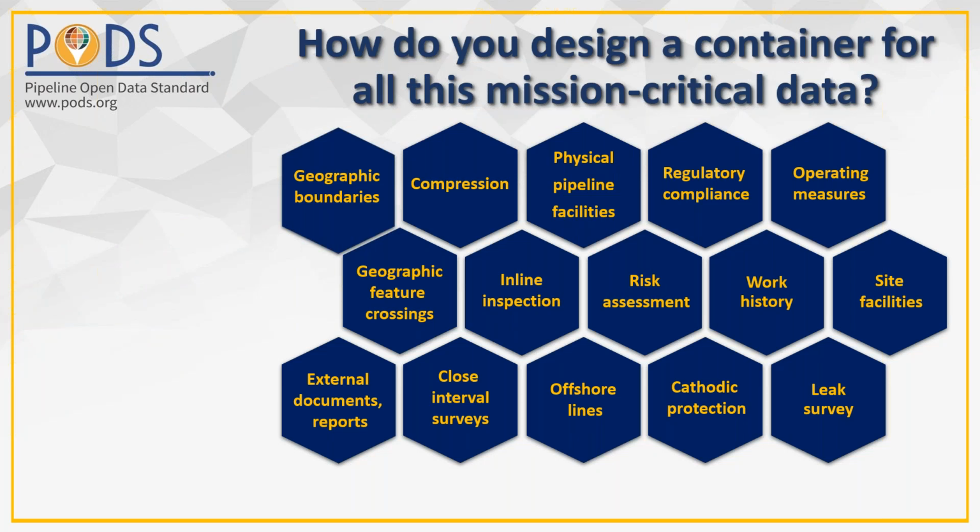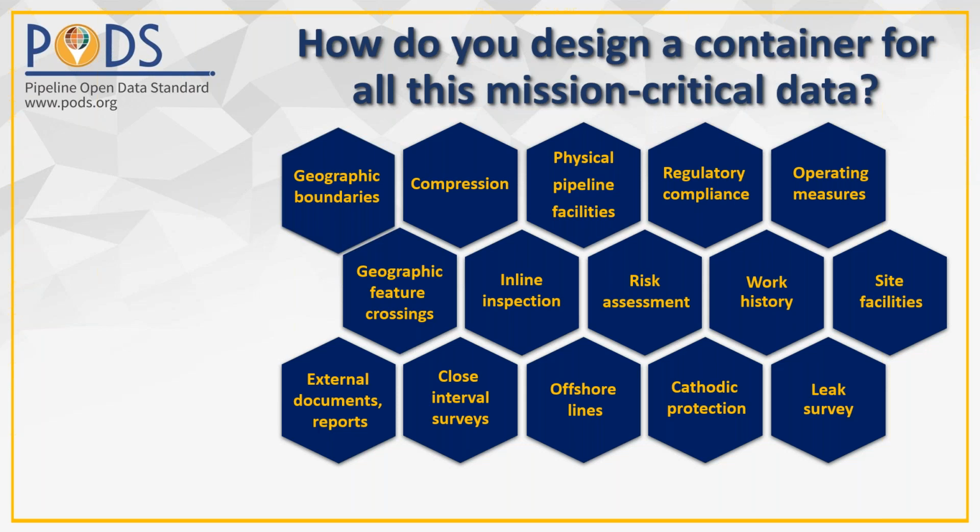So, picking apart some of the things that we may not have seen in the graphic on the previous slide, how do you even begin to design some sort of container for all of this different kinds of data? The assets themselves have to be stored, the location of that asset, the type of that asset, but you've also got to be able to store a whole lot of other descriptive information about each and every piece of this infrastructure.